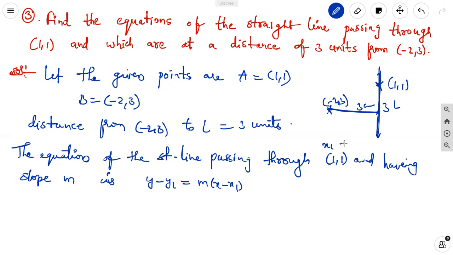Here it is the (x1, y1) point. That is y minus 1 equal to m into x minus 1. Let it be equation 1.